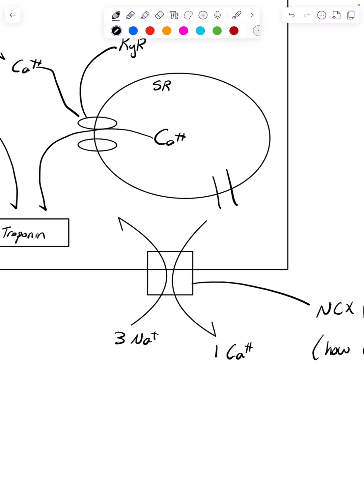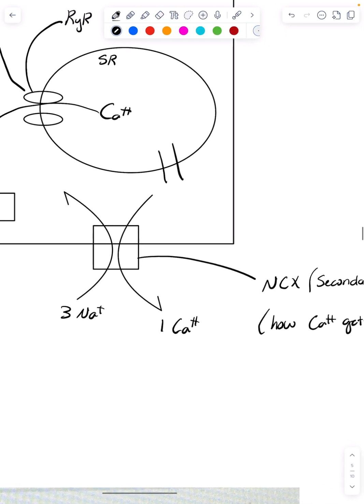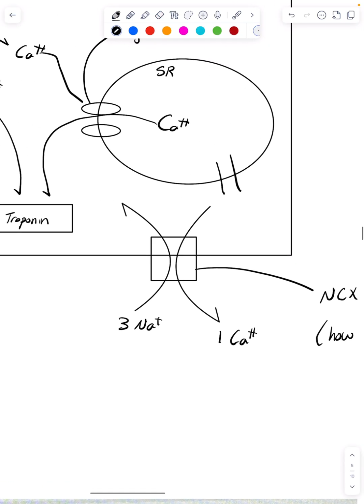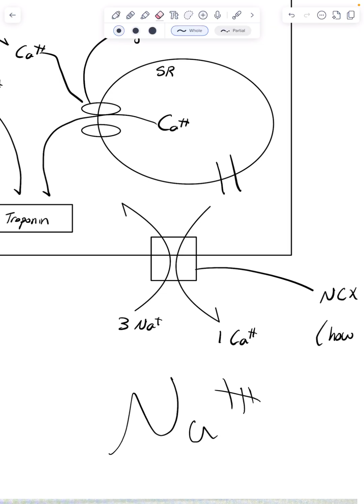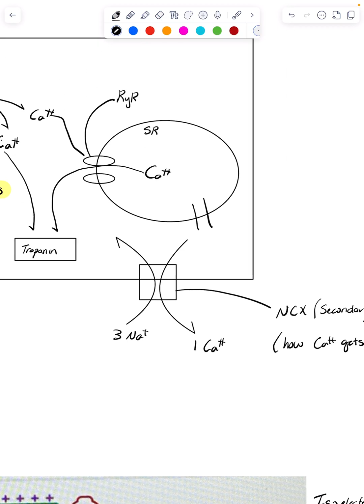So we have 3 sodium going with their concentration gradient, because we have a ton of sodium out here. I don't know why I drew like 18 positives. We have tons of sodium out here, and so the driving force is going to bring it in. While that brings sodium in, it's going to bring a calcium out.